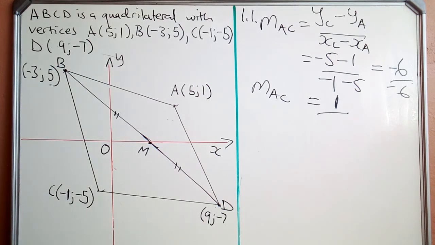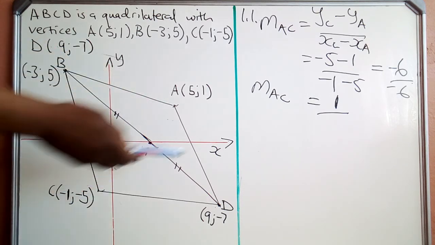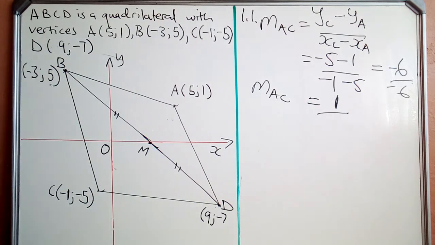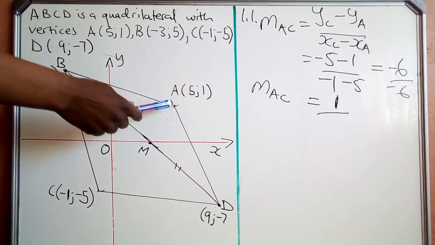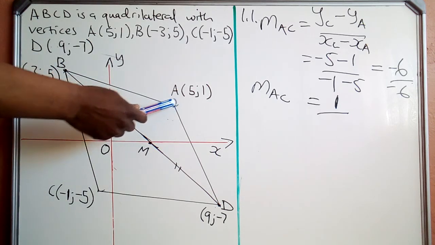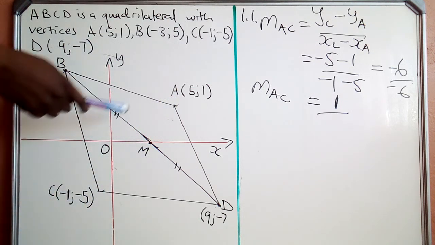All right, and then we move swiftly to our second question, which is 1.2. It says determine the equation of AC. Now that we've found the gradient, we need to determine the equation of the line AC. Of course it's not drawn there, but if we were to draw a line joining the points A and C, we will have a straight line.